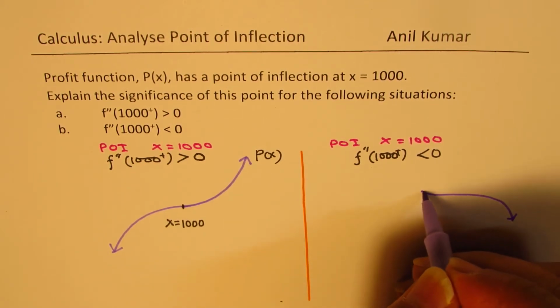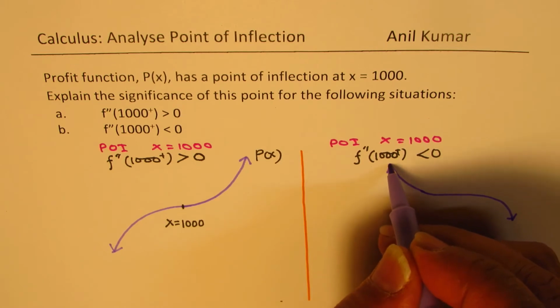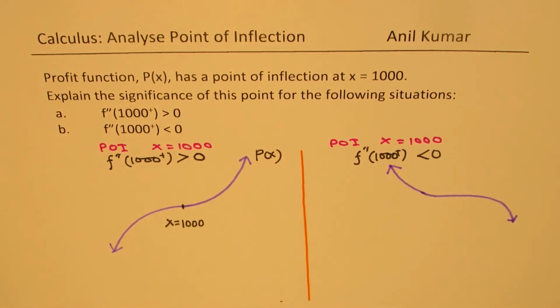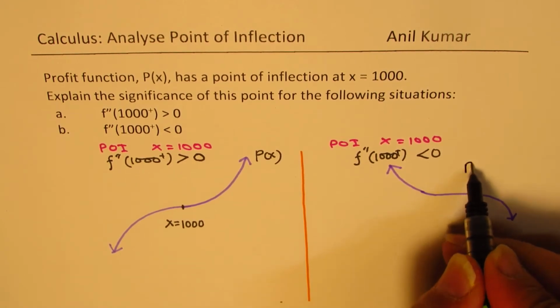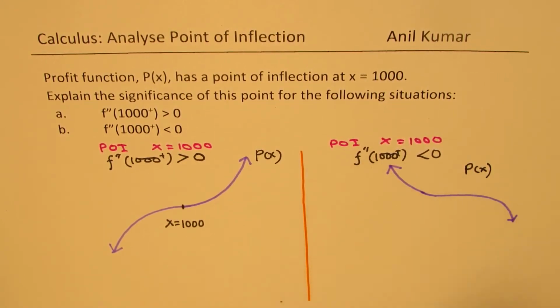So before that, it was concave up. Is that clear to you? So that is how the profit function will be in the second case.